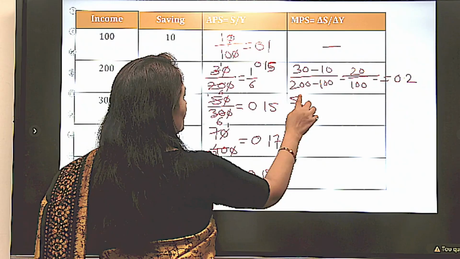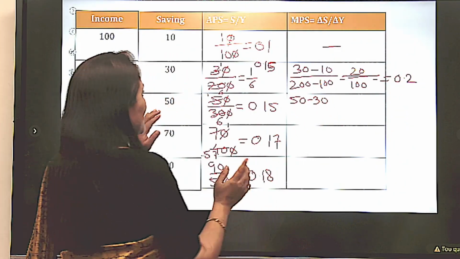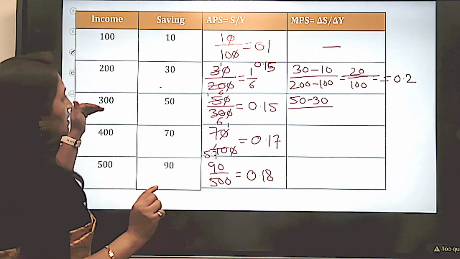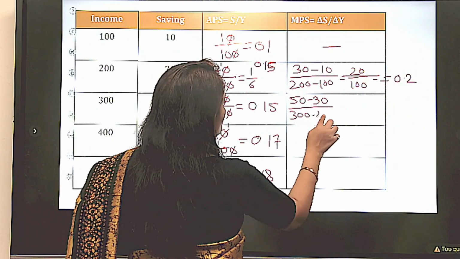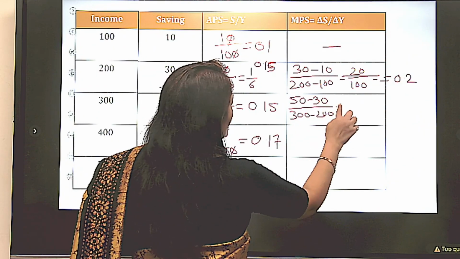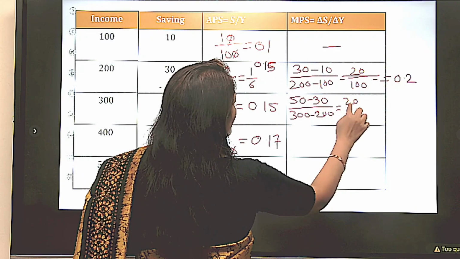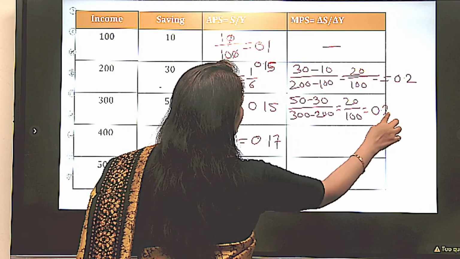At the third period, the new saving is 50, the old saving, that is the last period saving, is 30, divided by the new income of 300 minus last year's income of 200. We get 20 again upon 100, that means again 0.2.